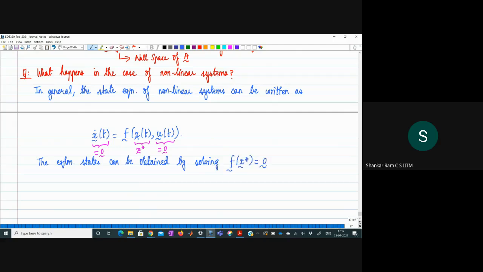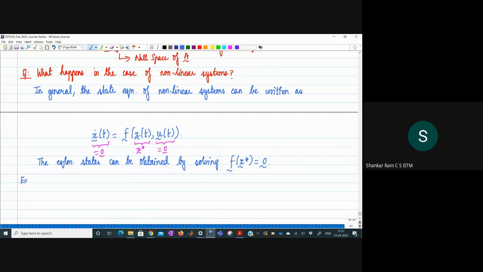If we substitute u of t equal to 0 and x dot equal to 0, we are left with f of x star, and we solve f of x star equal to 0 to get the equilibrium.